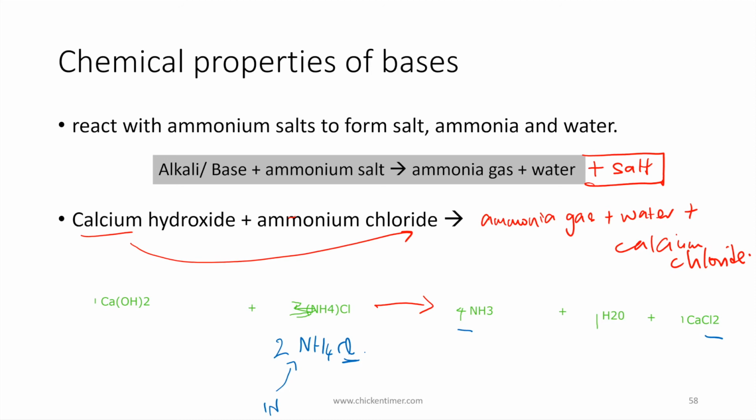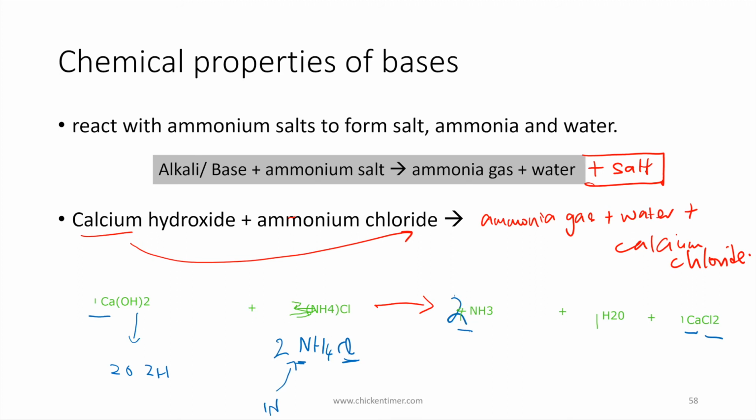Then there's 1 calcium here, 1 calcium here. This one means there's 2 oxygen and 2 hydrogen. Since I have 2 nitrogen here, I will try and put a 2 down here.